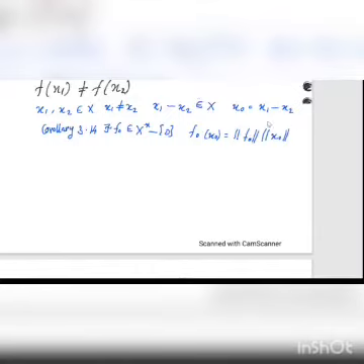So this follows from our previous corollary. Now instead of x naught, you can apply x1 minus x2. So you will have f naught of x1 minus x2 is equal to norm of f naught into norm of x1 minus x2.